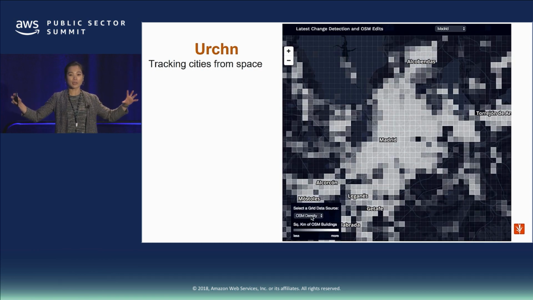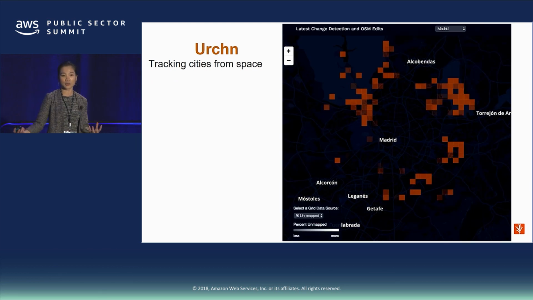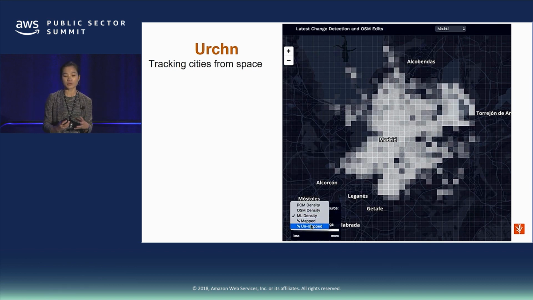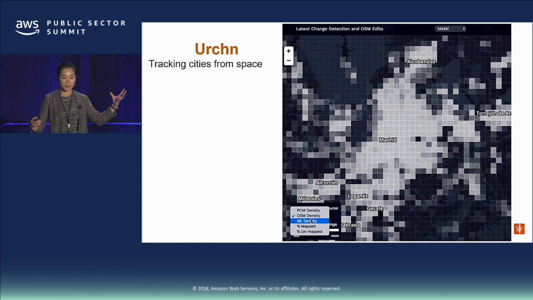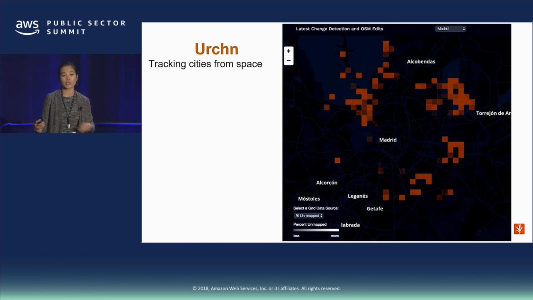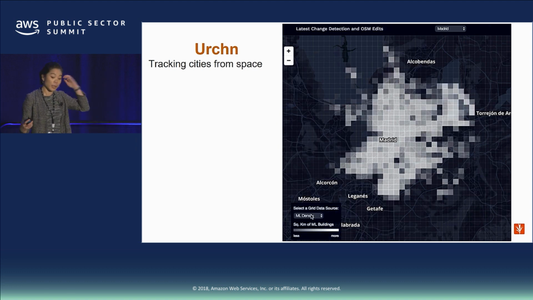Those two sides, we can compare the OSM data and the machine learning prediction on the current date of imagery, right? And by comparing those two, we can see which areas of OSM are likely out of date, so we can guide a human mapper to map this area.